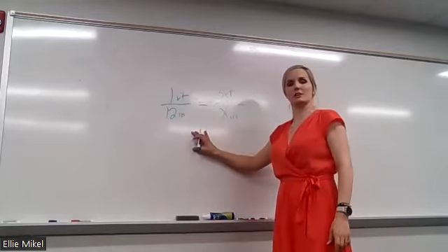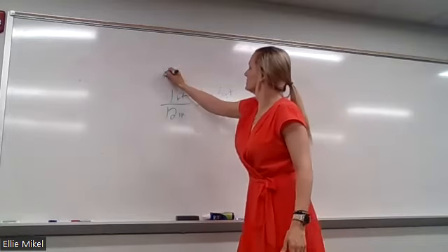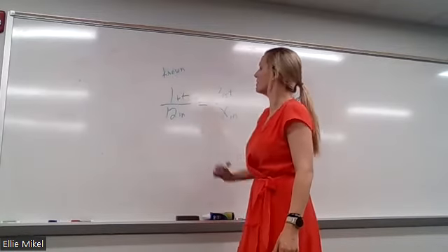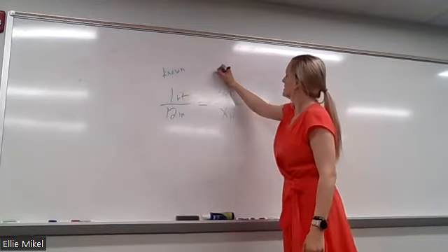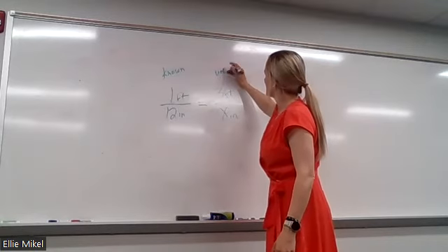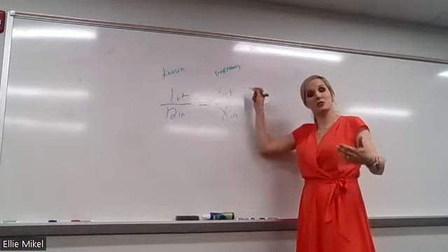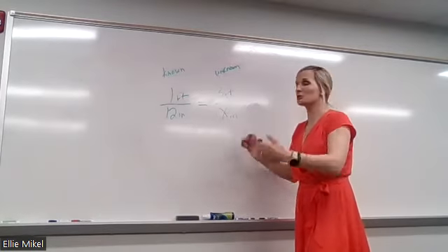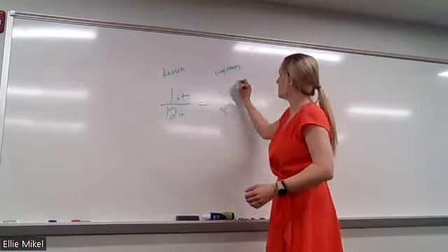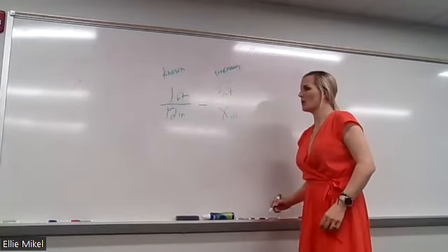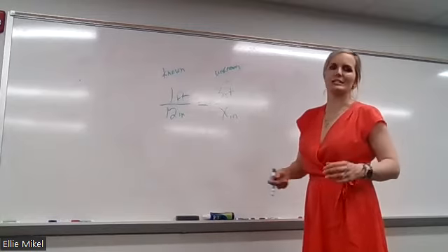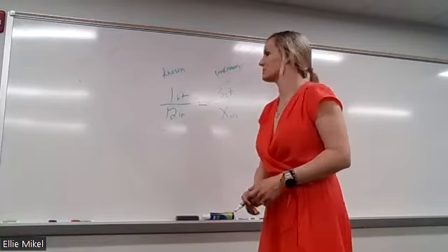So here's what I know. Here's my known, right? I know that 1 foot is 12 inches. This is my unknown. I don't know how many inches are in 3 feet. So by setting them equal to one another, I can say, well, 3 times 12 is 36 divided by 1. My answer is 36 inches. 3 feet is 36 inches.